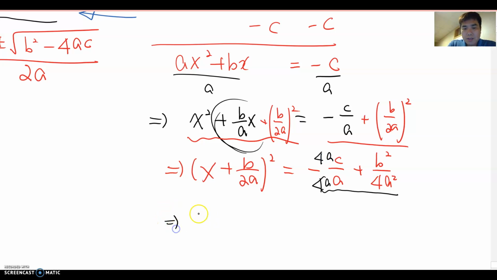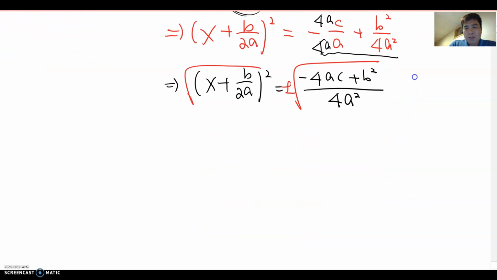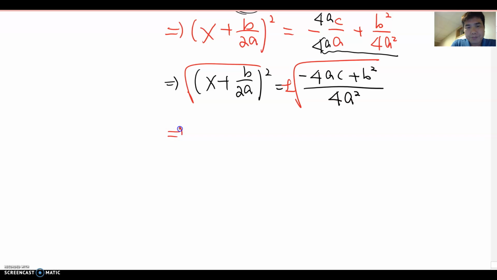Then this becomes x plus b over 2a squared equal to negative 4ac plus b squared over 4a squared. Okay, now we need to take the square root of both sides. Don't forget plus and minus.